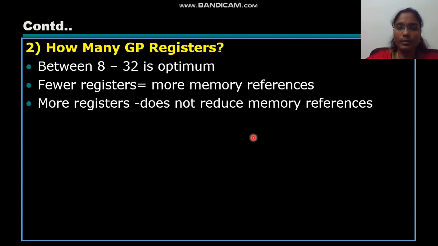So when there are fewer registers, we need to go for more memory references, and when we have more registers, it will reduce the memory references. We need not go and check the main memory every time. So the registers will be helpful in that case.